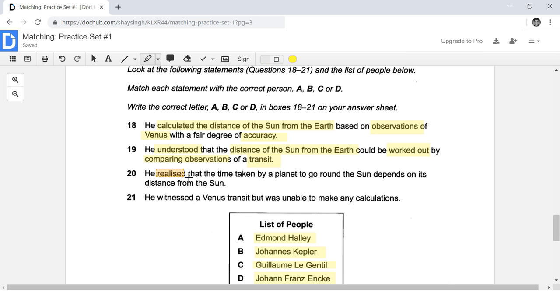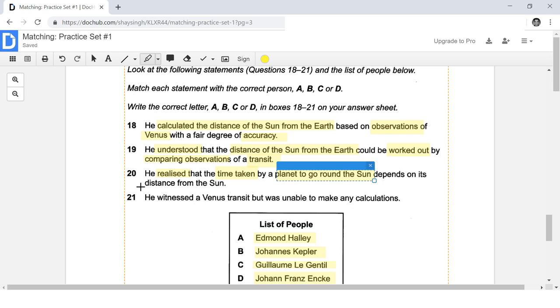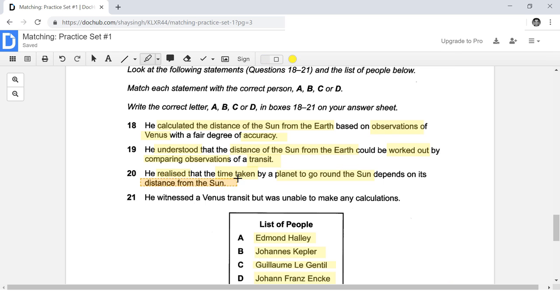And then here, number 20 says something about realizing the time taken by a planet to go around the sun. And what does that depend on? Something to do with the distance from the sun. And then finally, 21 talks about witnessing a Venus transit, but unable to make any calculations. So these are the keywords that we're going to be looking for.